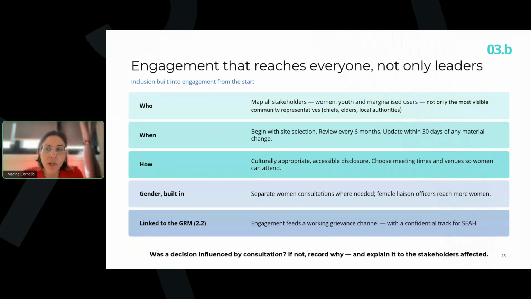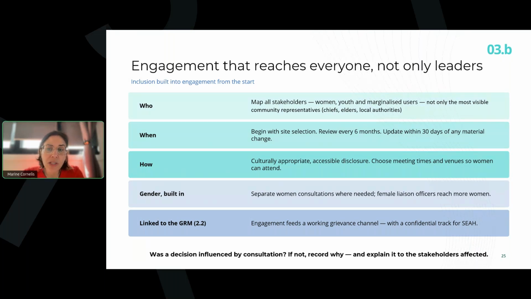And the how, it's about the disclosure that's accessible and culturally appropriate, with meeting times and venues chosen so that women and minorities can actually attend. It's extremely important to build the inclusion part from the design and not afterwards.